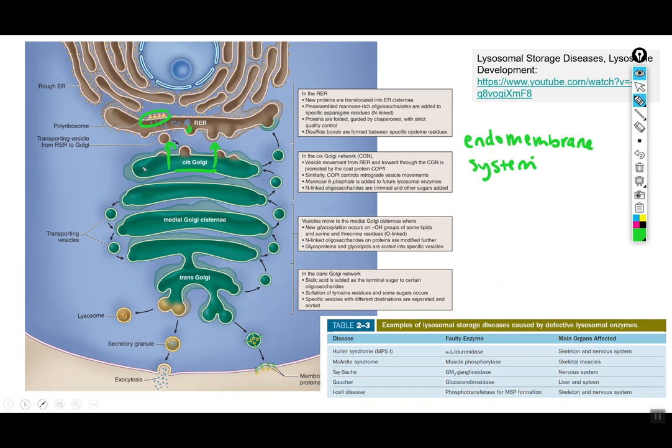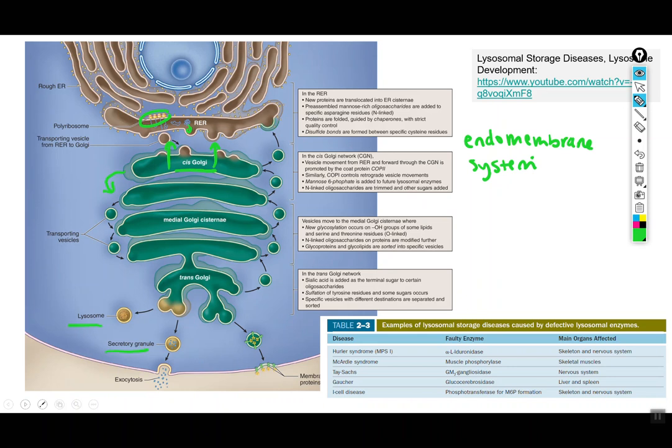And then the edges of each stack or cisterna of the Golgi bleb off vesicles, and those vesicles fuse with the next cisterna in the stack, and then those bleb off, and then we get another cisterna, and so on and so forth, until finally they arrive at the trans Golgi and either become a secretory granule or sometimes a lysosome.